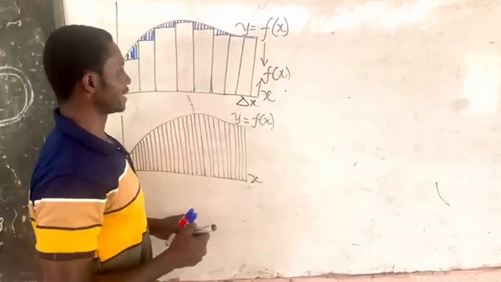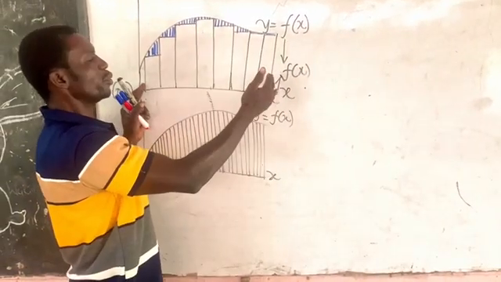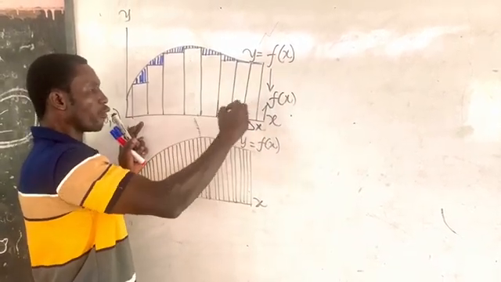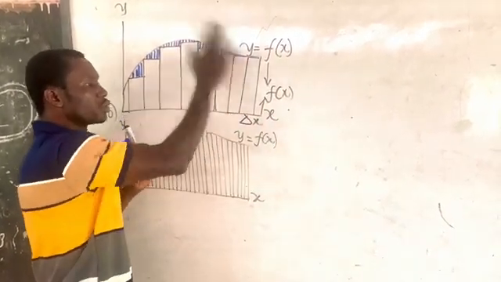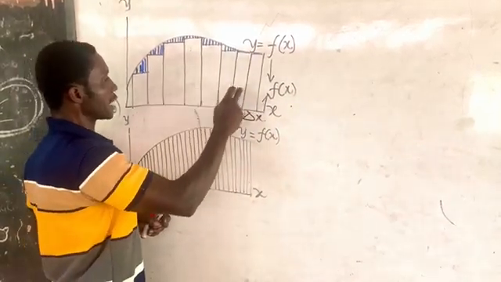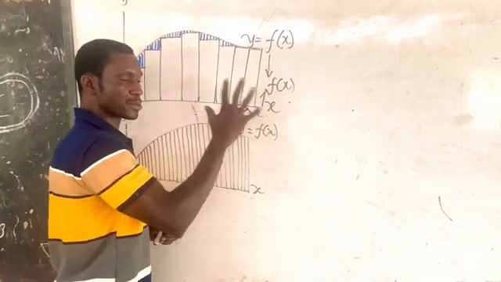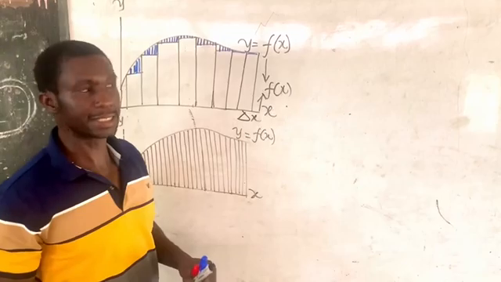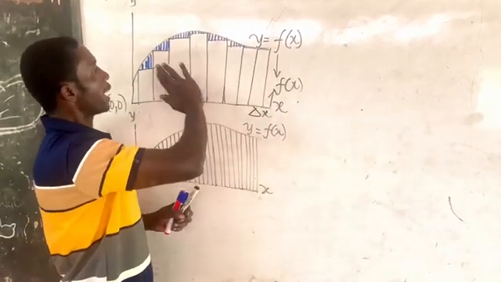So to get the total area under the curve, you add the areas of all the rectangles. So if you have 1, 2, 3, 4, 5, 6, 7, 8 rectangles, you add all of them, or you calculate for one, then you multiply by 8, then you get the total area under the curve.